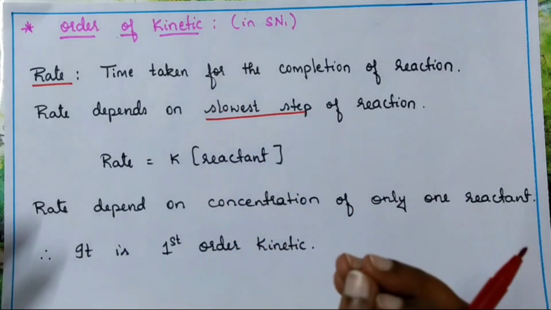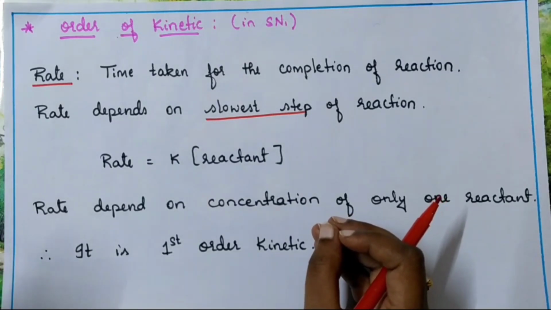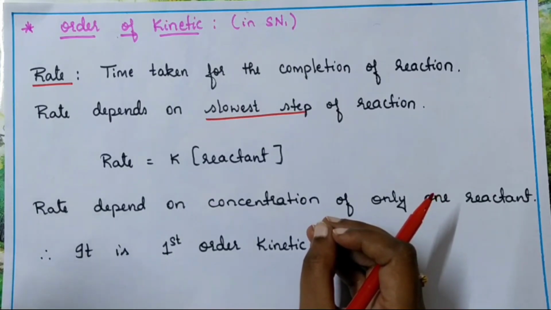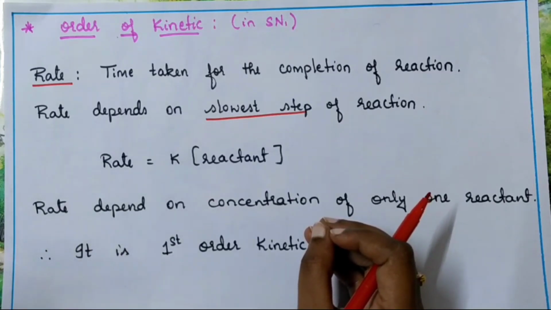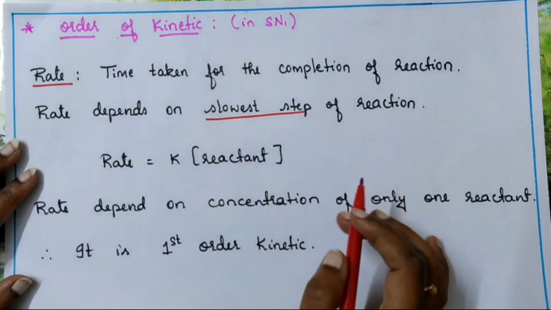If the reaction takes place in several steps, as with the mechanisms you wrote in first year, one of the steps might be the fastest step and one might be the slow step. In mechanisms you will come to know which is the slow step and which is the fast step. The rate depends on the slow step of the reaction.